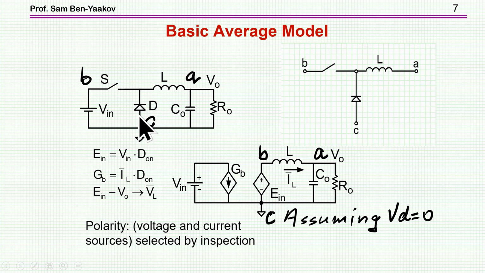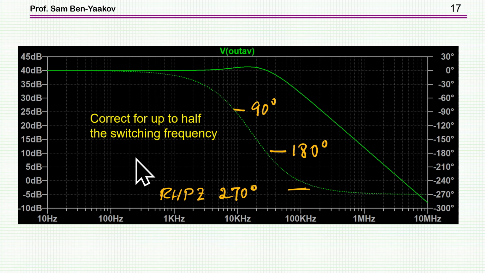And the average voltage here is Vin times D on. And then, if I want, I can load the input with the average current, which is in this case also IL, the inductor current, times D on. So this generates the current, and then the current is translated here to a current source, and here it is.